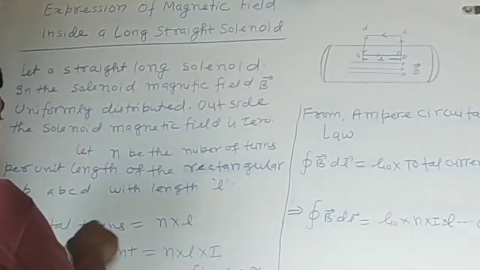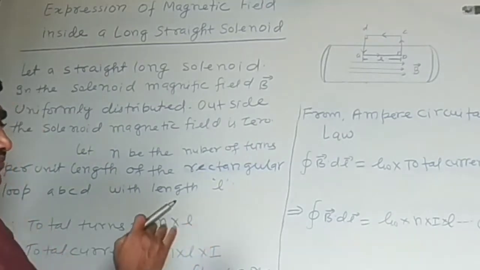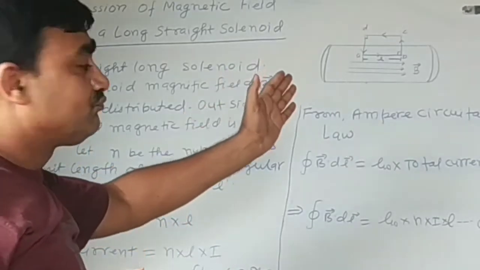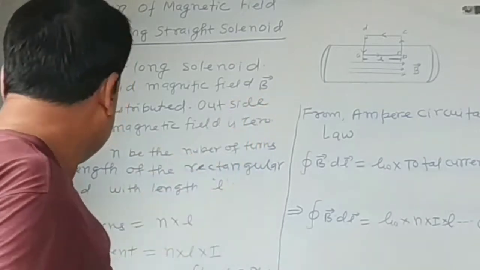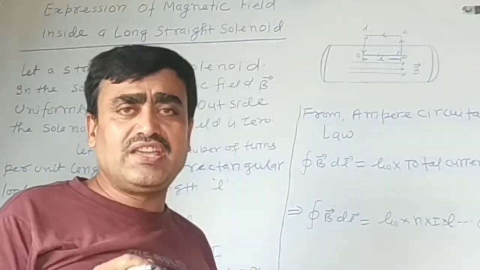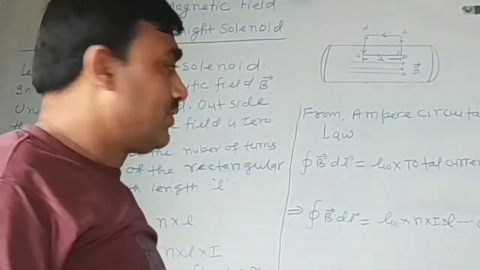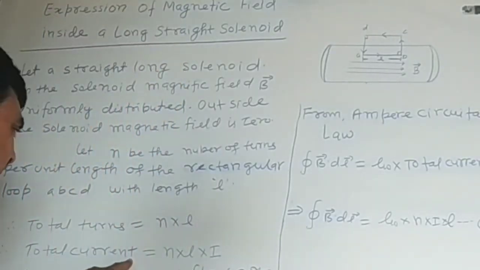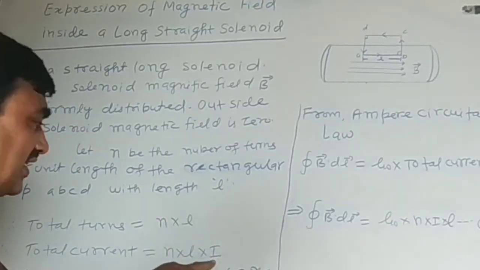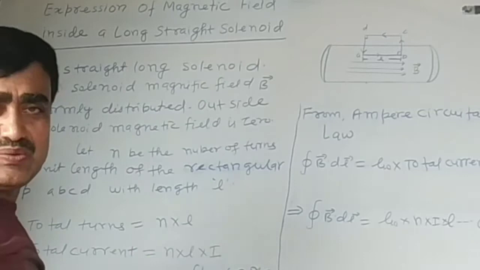Therefore, total turns is equal to n into L, because L is the length of the loop ABCD. If I is the current flowing in each turn of the loop, then total current is equal to n into L into I.